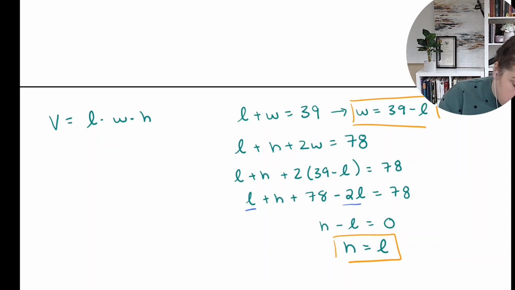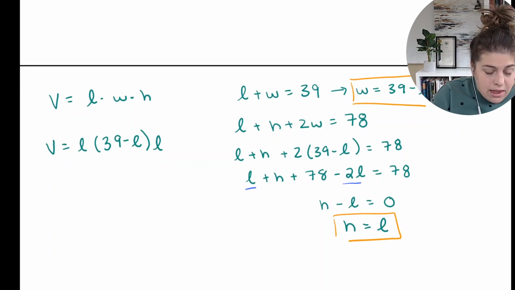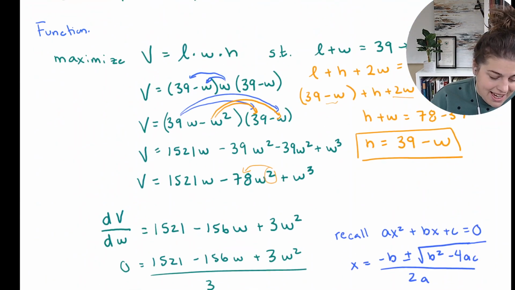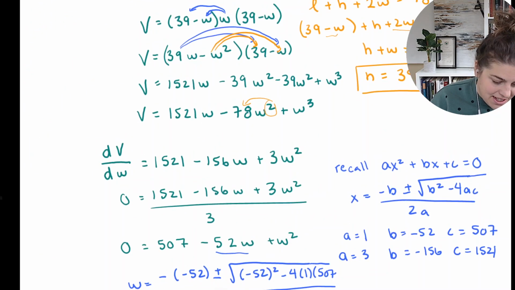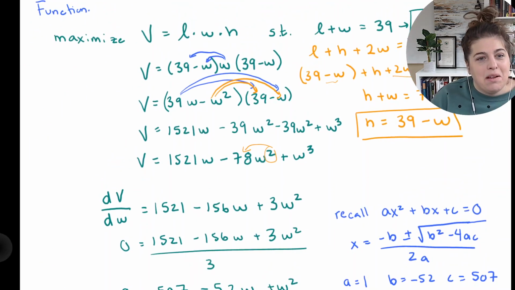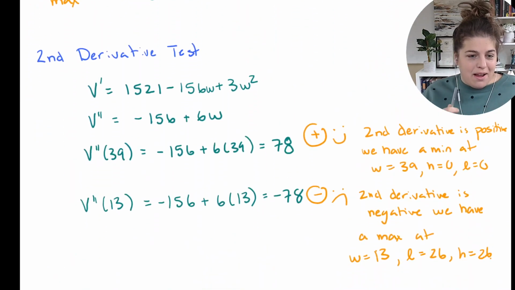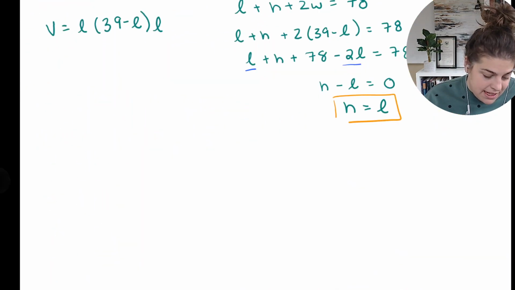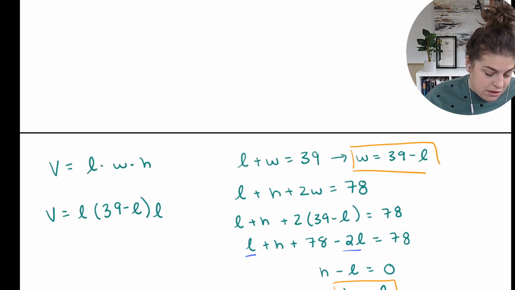And so when we do our volume function in this situation, our length stays our length. That's fine. The width is 39 minus the length, and the height becomes the length. And you can see that this is actually the same as what we ended up with above, but you don't end up with the same quadratic situation there.